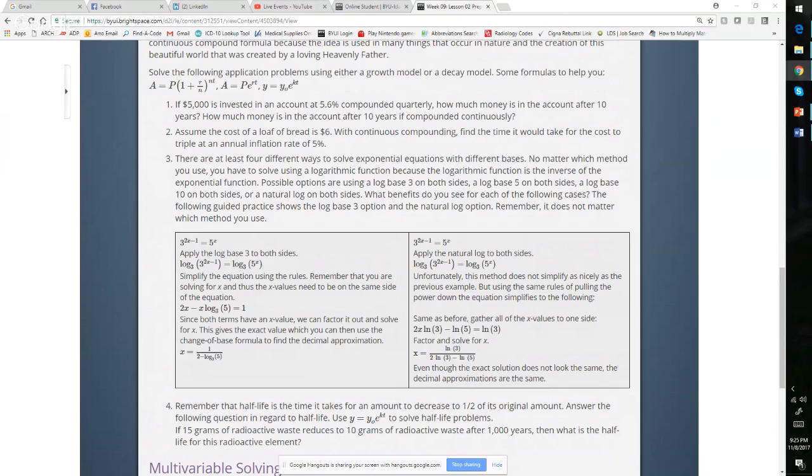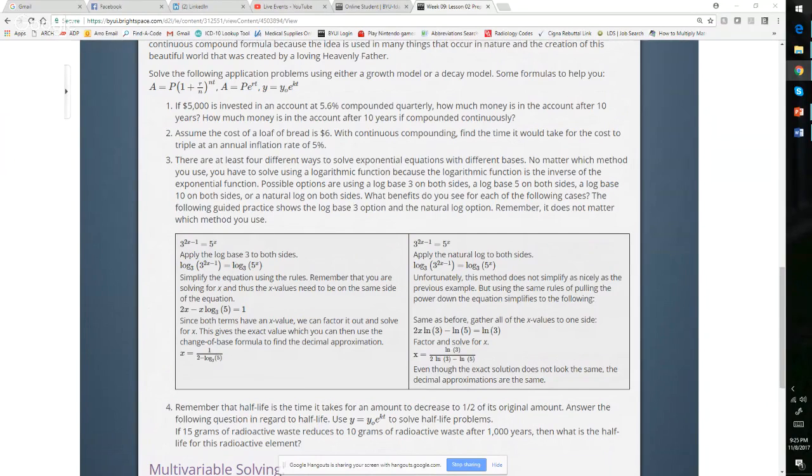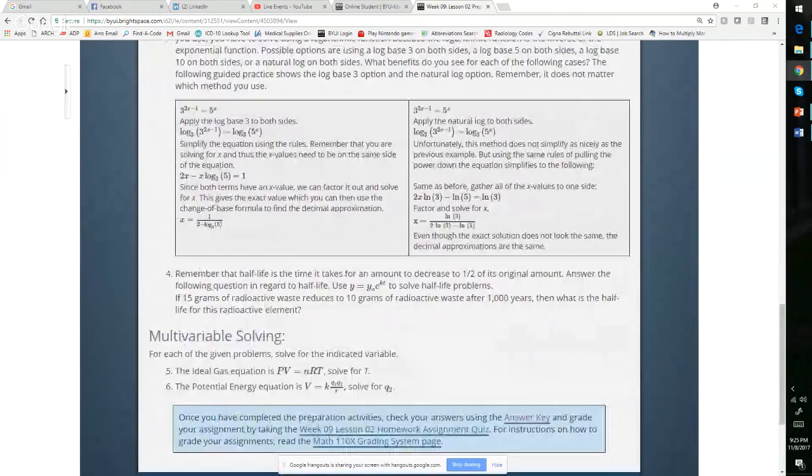So Y0 is the original total amount of grams that we started with, so Y0 is the 15 grams. Y is equal to the 10 grams that we had after 1,000 years, and the time, t, was 1,000 years. So the only variable we needed to find was this k.